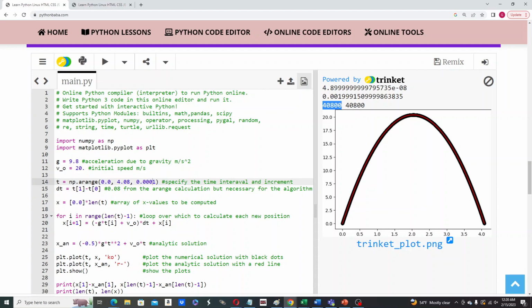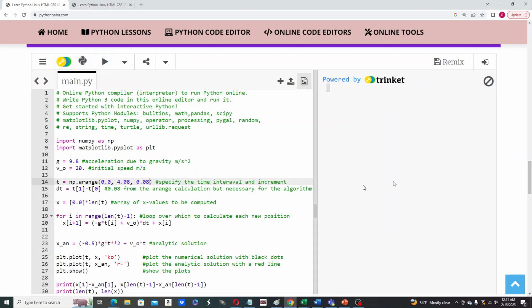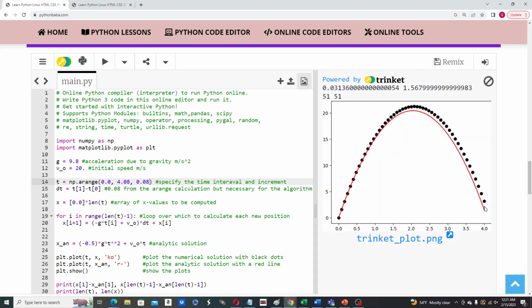And as a result, the errors in your calculations will just grow and grow. And that is why when we saw at 0.08 seconds, there was that noticeable deviation between the line and the black dots.